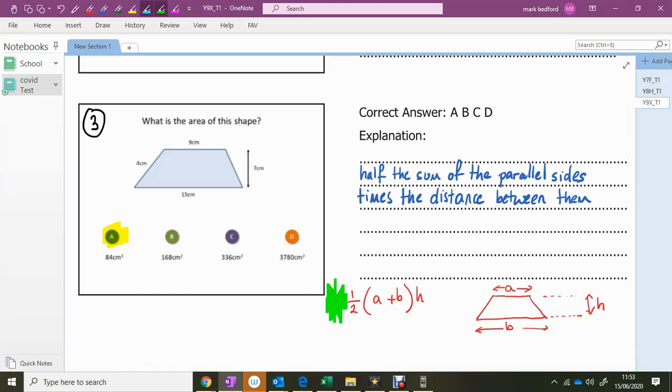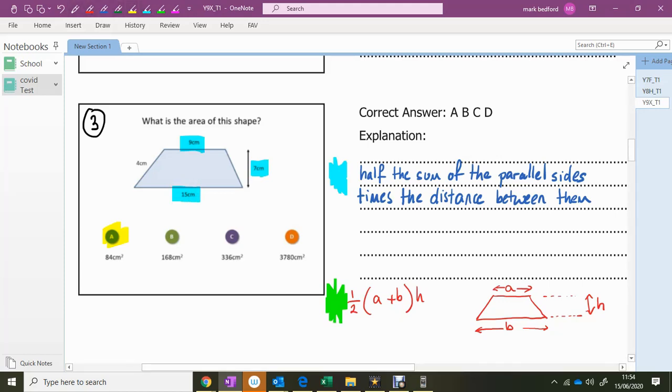Or you can look at this with the blue star by the side of it, which is a word way of expressing the same thing. Half the sum of the parallel sides, in other words, add together the parallel sides first, and then half them, and then times it by the distance that's between them, which is this 7 here.